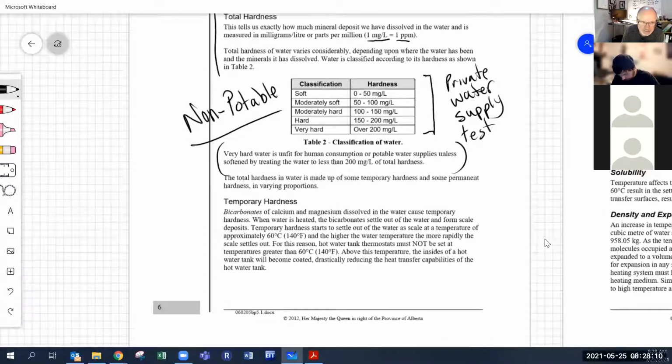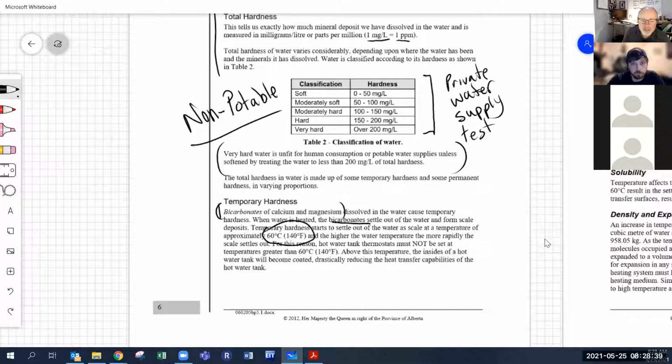Temporary hardness is considered the bicarbonates of calcium and magnesium. That's temporary hardness. It's dissolved in the water. This bicarbonate settles out at about 140 degrees Fahrenheit, and this is where we get those white flakes on our aerators or inside of our pipe.